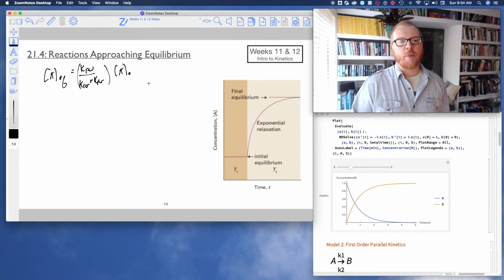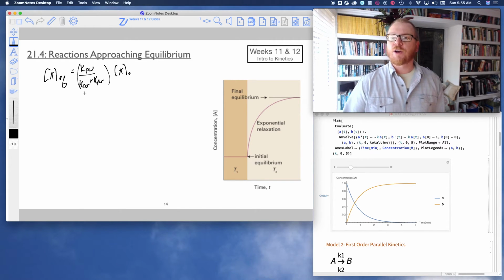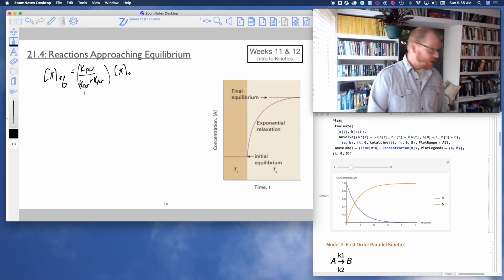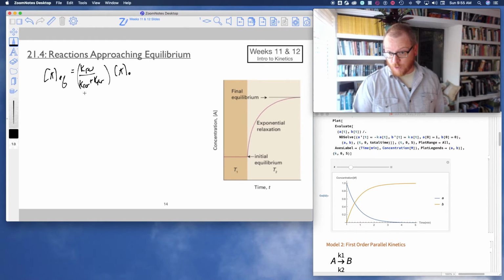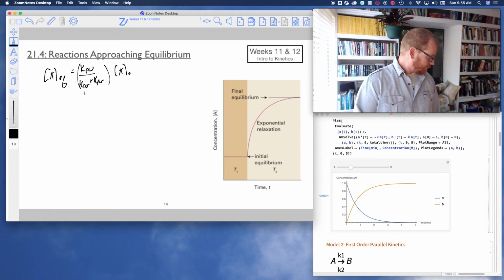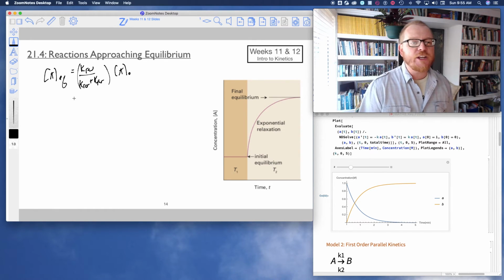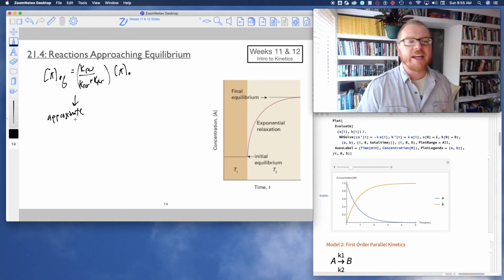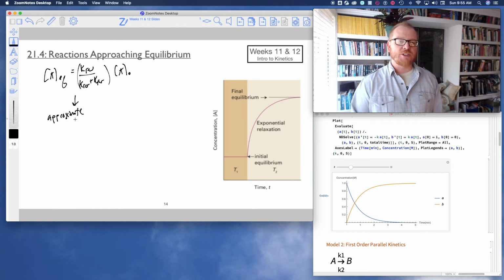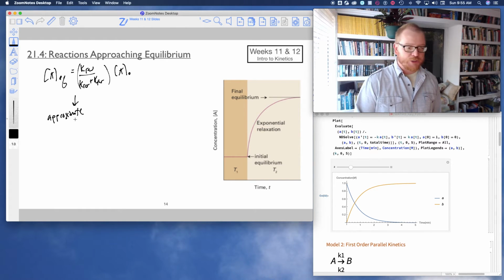Because now we can start playing with this and start talking about things like, well, what happens when k reverse is much, much greater than k forward? Or what happens when k forward is much, much greater than k reverse? And we can arrive at some pretty cool things related to what we already know about equilibrium, okay? And if we were to continue solving this, and I'll note that this is approximate, because again, it's solving more differential equations which don't have perfect solutions.